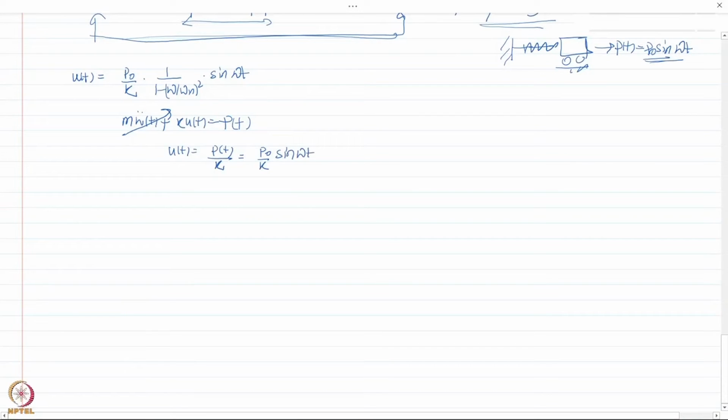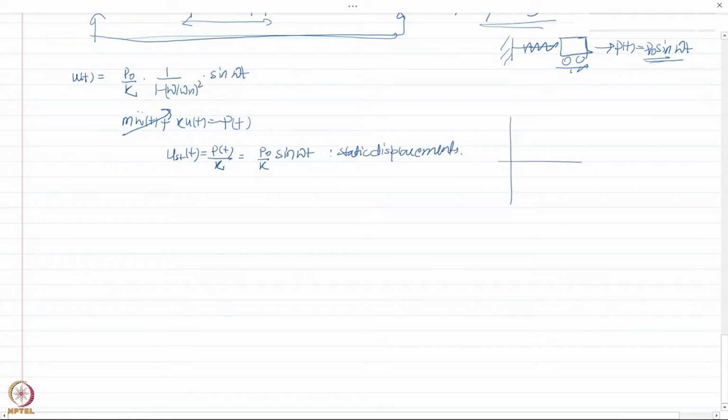Now you have to understand what I mean by this. Instead of saying u of t, let me just write it as u of st, saying this is the static displacement. It simply means that there is no mass in the system, so there is no dynamic effect.